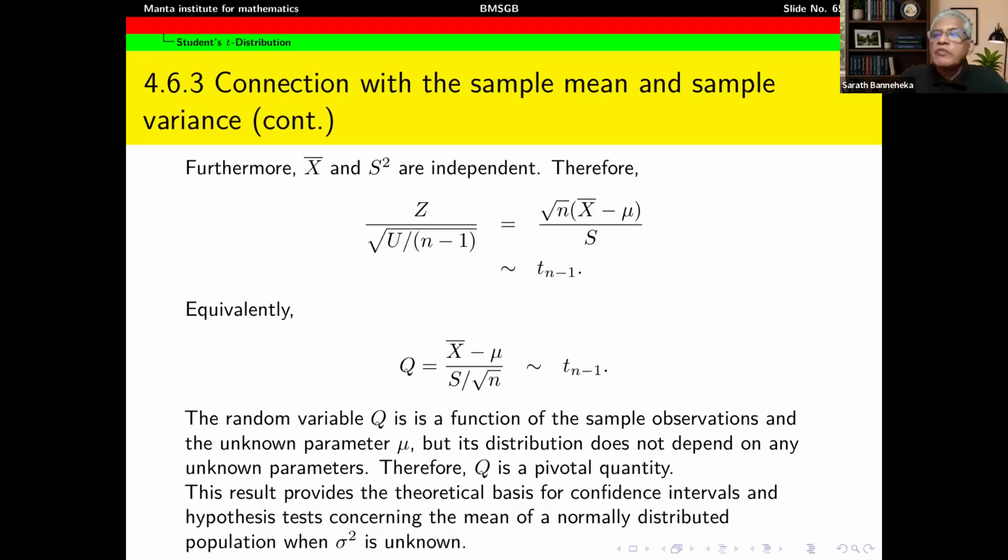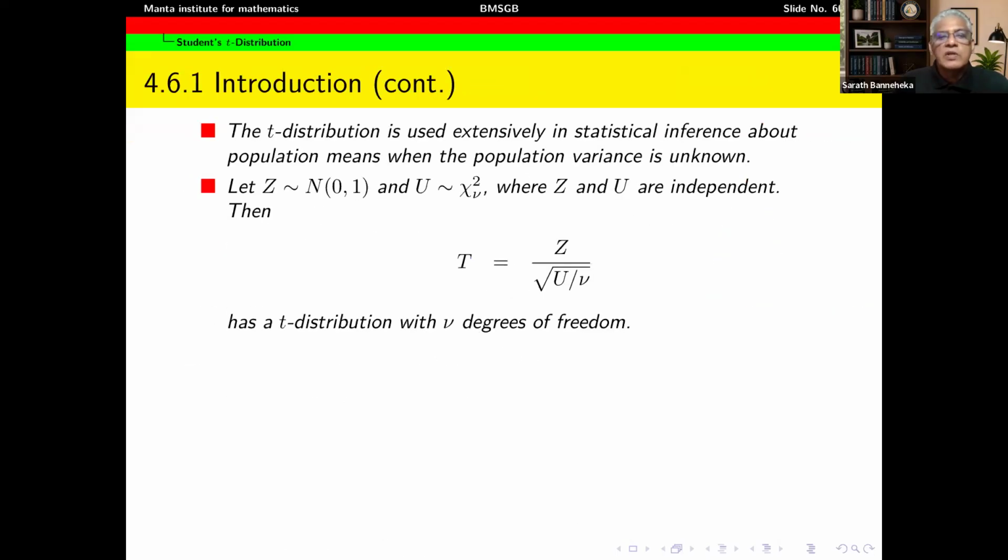And according to the way that the usual T distribution arises, that I mentioned a little earlier, this should have a T distribution with n minus 1 degrees of freedom. So that's coming from this previous result here.